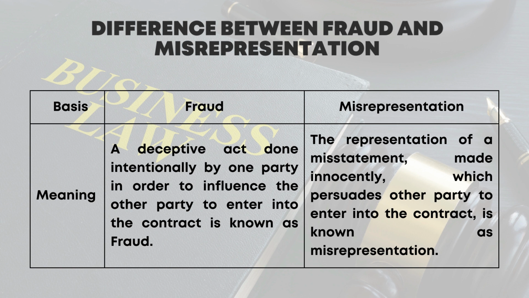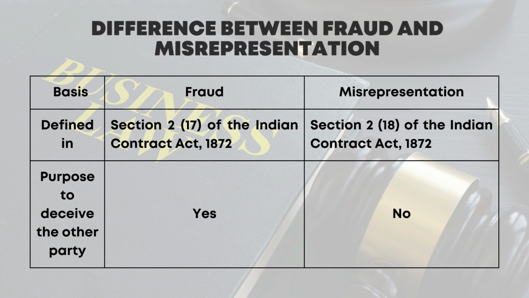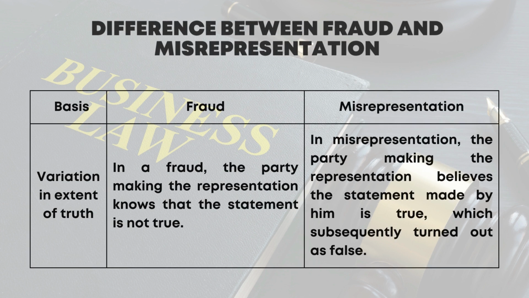Whereas misrepresentation is a misstatement made innocently, which persuades the other party to enter into a contract. Fraud is defined under Section 2(17) of the Indian Contract Act 1872, whereas misrepresentation is defined under Section 2(18). Now, what is the purpose? Fraud has a purpose to cheat the party, whereas misrepresentation may or may not have the purpose to deceive the other party.